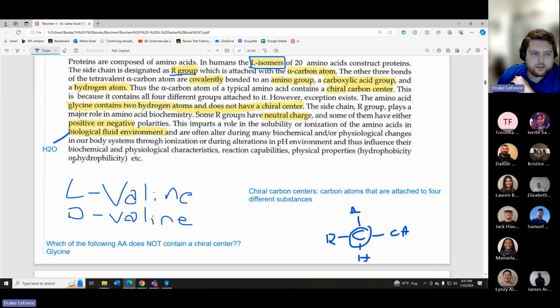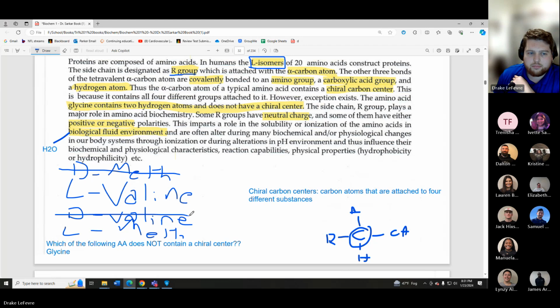And then he'll have D methionine, L methionine, or something like that. Immediately, if we're talking about humans, both of those D forms are gone. We want the L form. We are looking for L because that's what's in humans.